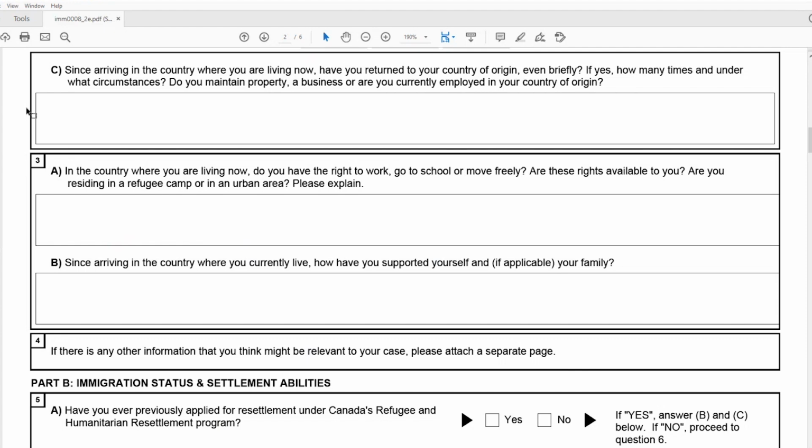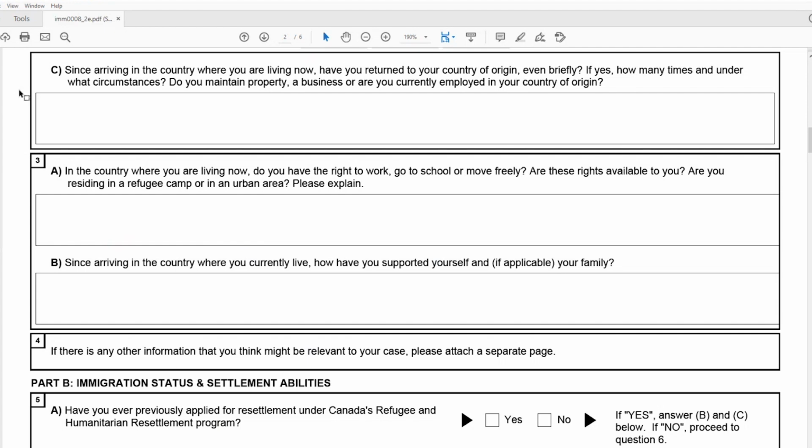IRCC wants to know, do you have property or a business, or are you currently employed still in your country of origin? Those details help IRCC to determine whether or not you truly have a fear of persecution or fear for the safety of your life in your country of origin.